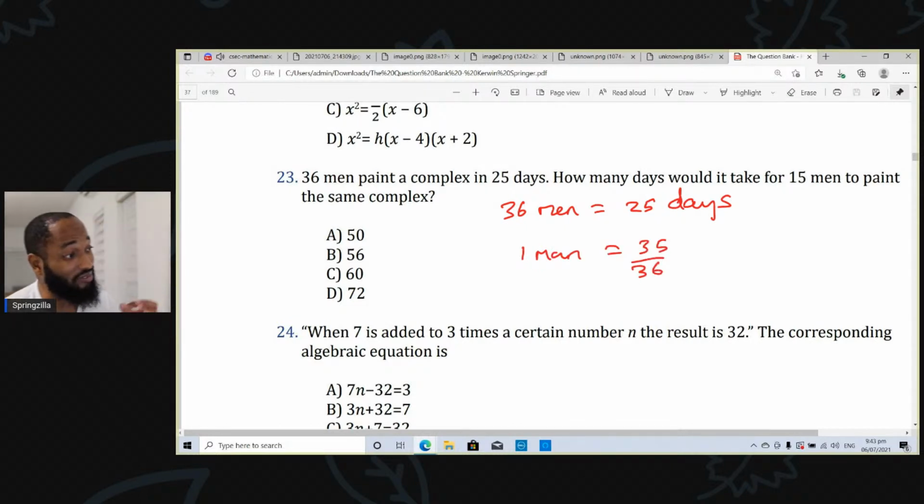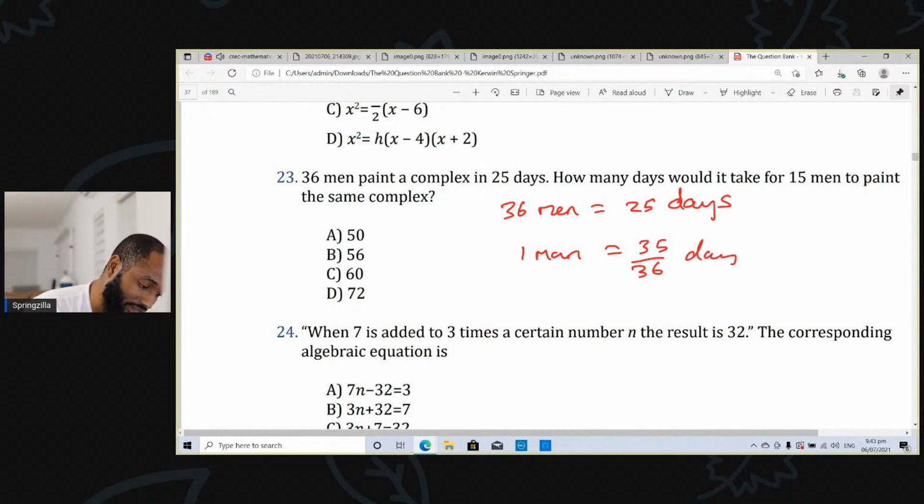This is the finding for one. This is the famous finding for one that I love to talk about on this channel. Once you find for one, you solve the answer, but you need to have sleep to be able to find for one. So 1 man will take 25 over 36 days. I apologize for getting numbers wrong, people. And then 15 men would take 25 over 36 multiplied by 15.